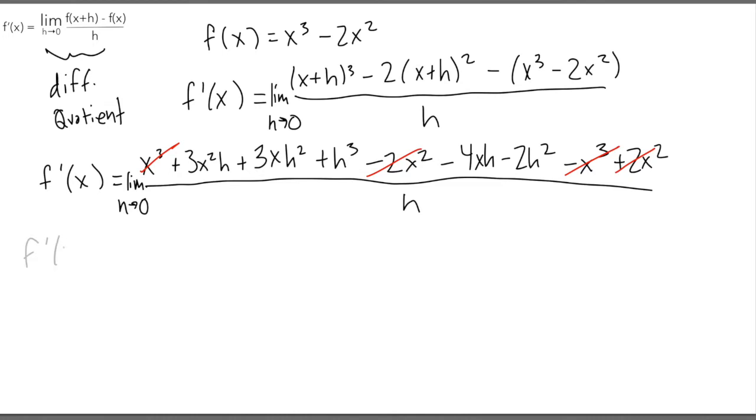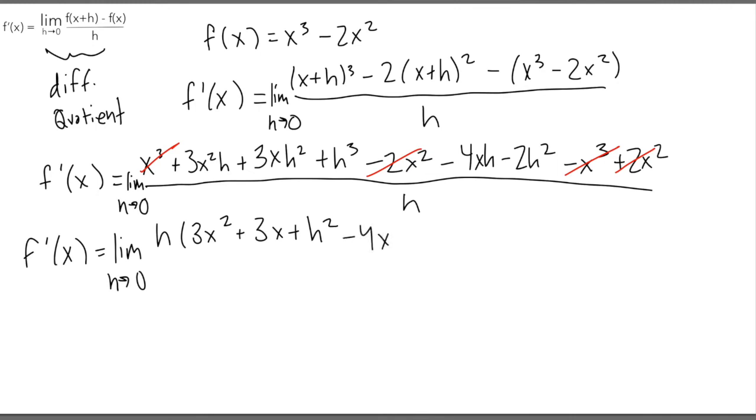So we get f prime of x equals the limit as h approaches 0 of h times 3x squared plus 3xh plus h squared, minus 4x minus 2h, all over h. These two h's cancel, and we can directly substitute 0 into our equation.